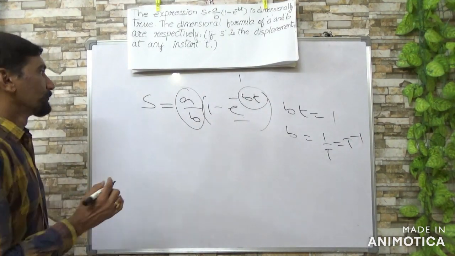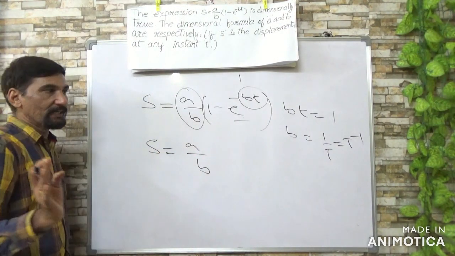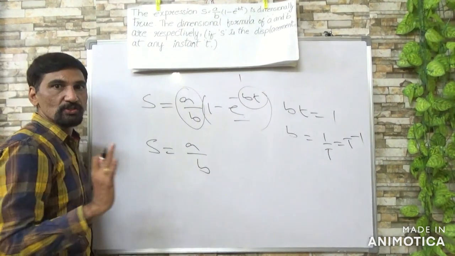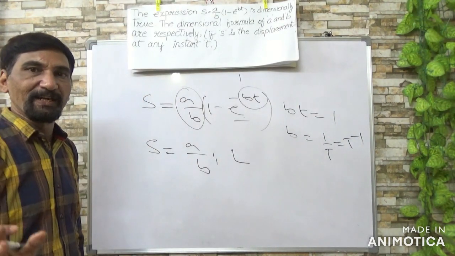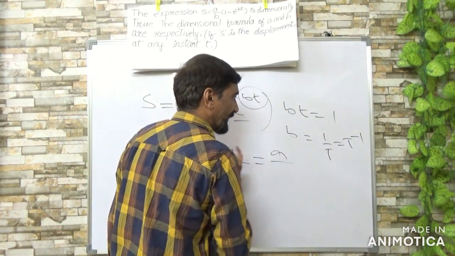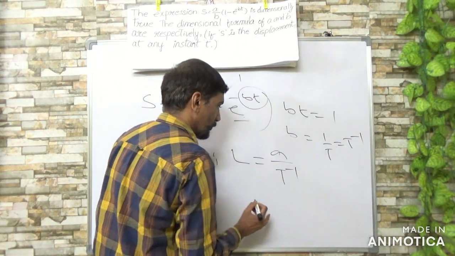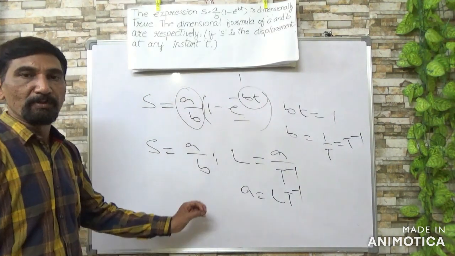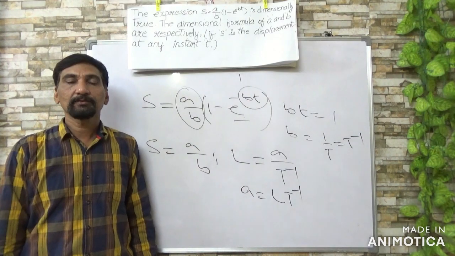So S is equal to A by B, where S denotes displacement. The dimensional formula for displacement is L, equal to A by B, but B is T inverse, so A becomes LT inverse. So the dimensional formula for A is LT inverse.